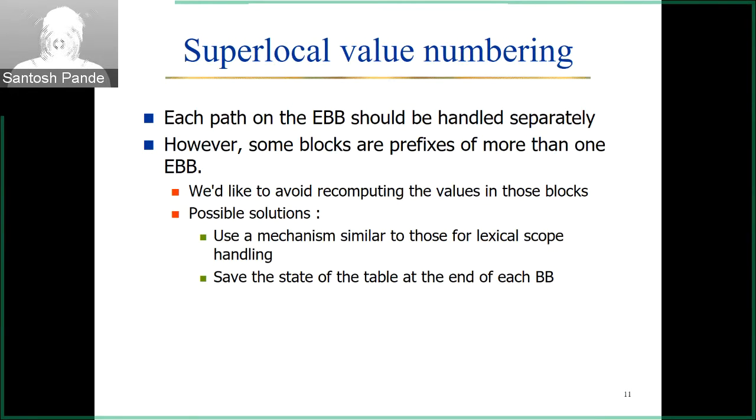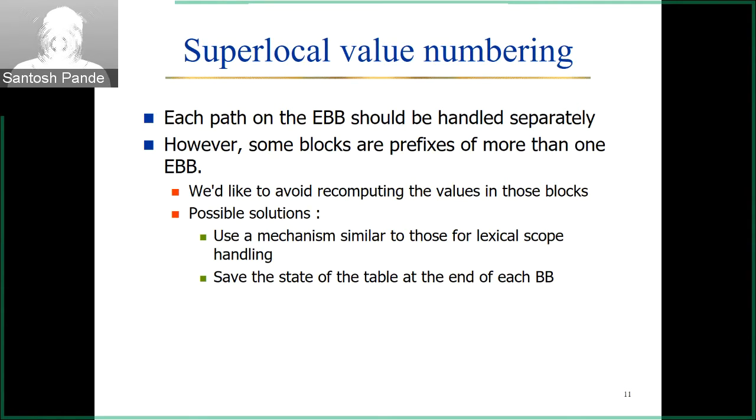The second scheme, the basic block oriented scheme, is relatively narrow in terms of its scope. However, the next extension is the extended basic block, which we call super local value numbering. So what we have here is an extended basic block, and the scheme is exactly the same.